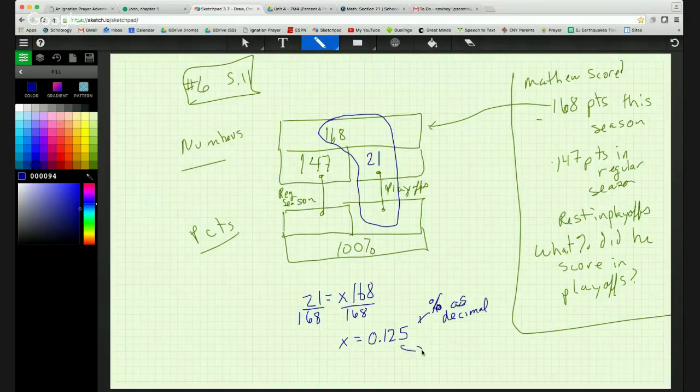So we have to convert that by moving our decimal 2 to the right, and so that's 12.5%. So our answer, 12.5%. And that leaves the regular season, well, it's 100%. The regular season plus 12.5% has to equal 100. So in the regular season, he scored 87.5% of his points. So the answer is 12.5% of points scored in the playoffs.